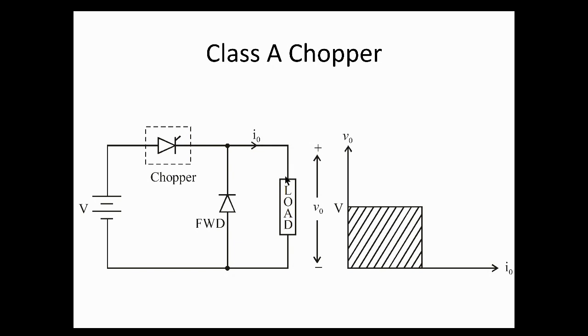The current will go through the freewheeling diode, sir. So basically, the current would maintain the same direction. So it's always positive. So either way, we have a positive voltage. Very good.